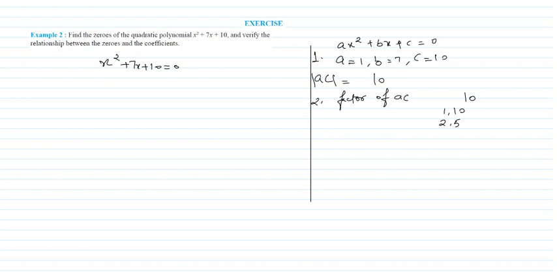The third step is we find the sum or difference of the factors, which should be equal to the middle term, the coefficient of x. That is the middle term split method, or factorization method, which we studied in the previous class to find the roots of the quadratic equation. So 2 plus 5 is 7.